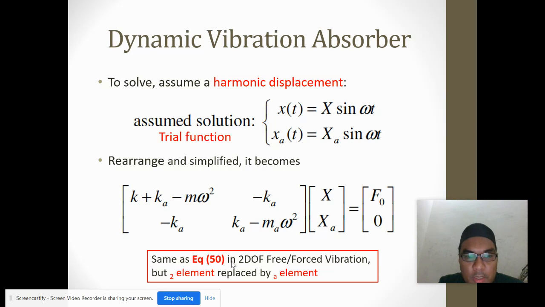When you refer back to equation 50 in the 2 degree of freedom forced vibration, the two elements here are actually replaced by one element because of the DVA. With the same technique, when you move to the right hand side, you can replace it with the impedance matrix, which becomes an inverse, and you can solve the equation similar to forced vibration, where you can determine X and XA.